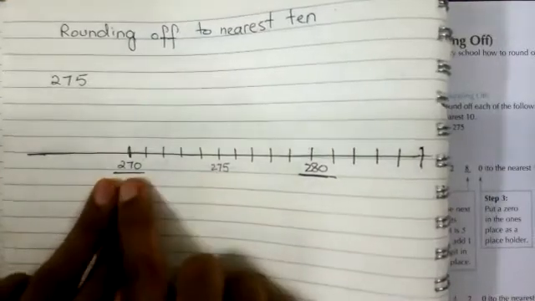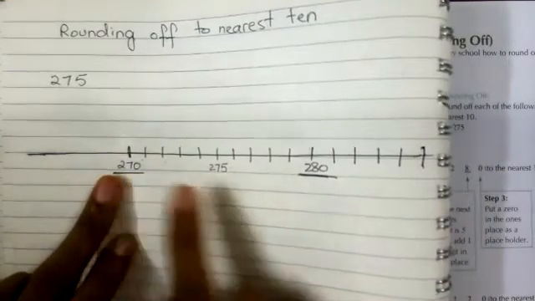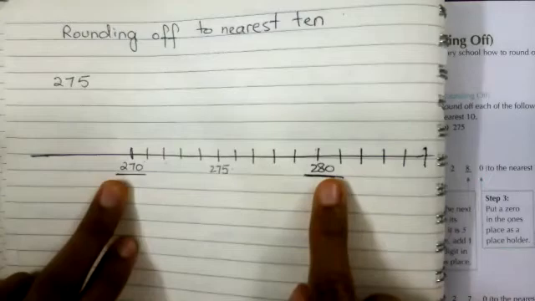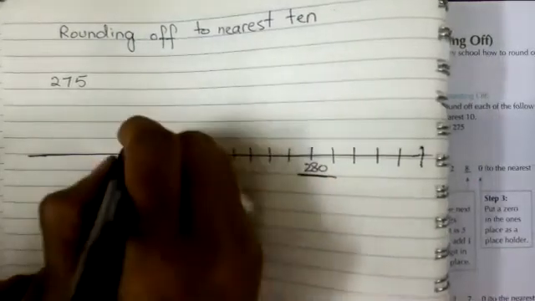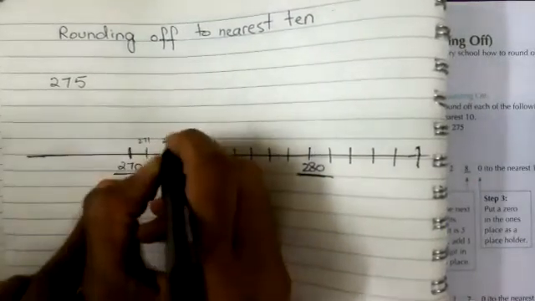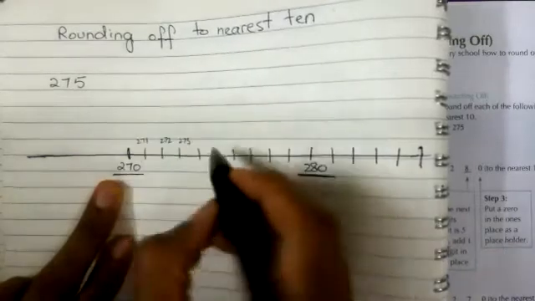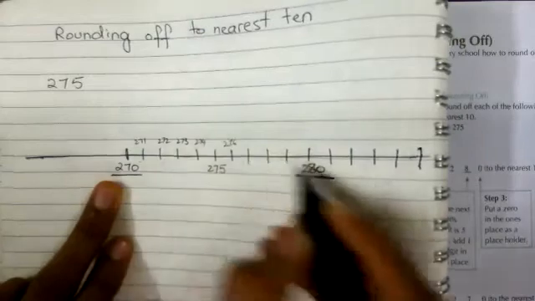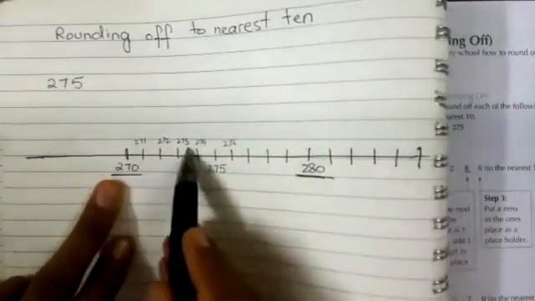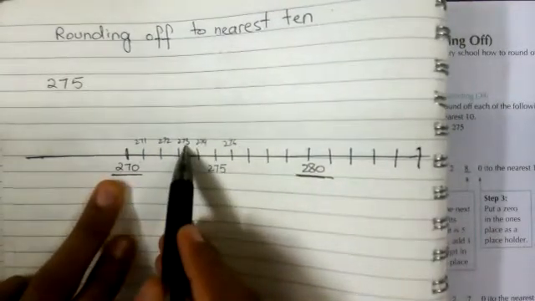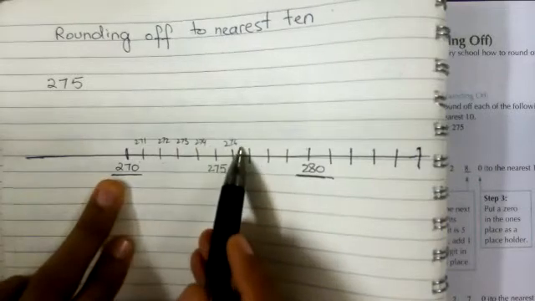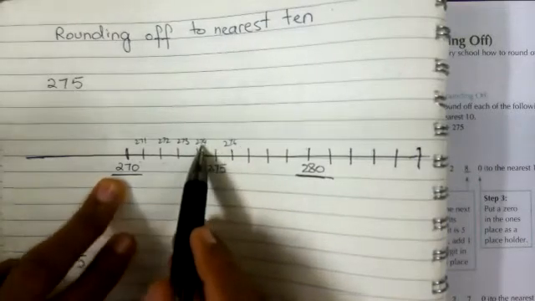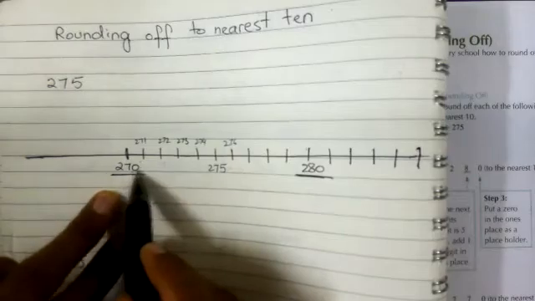Before this number, the 10 that we have is 270, and the 10 after it is 280, because the rest of them are 271, 272, 273, 274, and so on. These are not 10s. Their last digit is not 0.